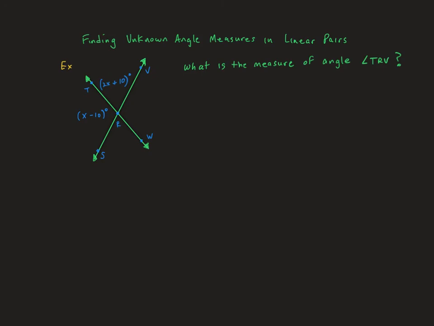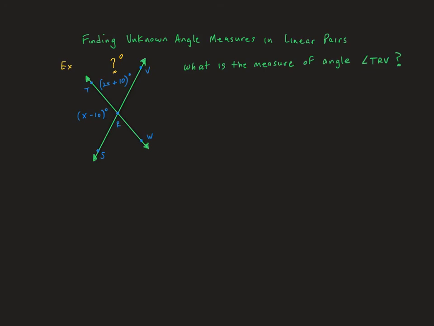And what is the measure of TRV? So they want us to find that angle measure, right? What is the degrees? And it did mention linear pairs, but what do I know?